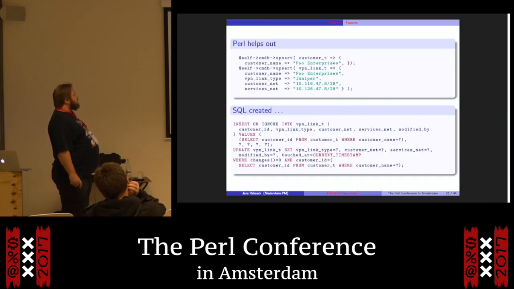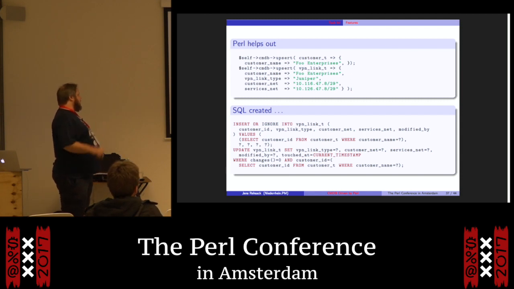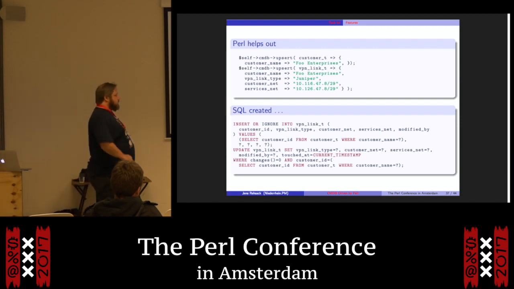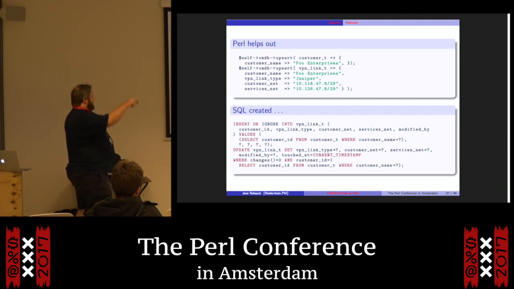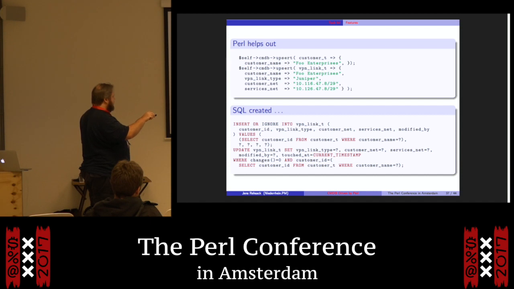And then we developed our own upsert feature. This is how it looks. This is sample generated code without customer data. Yeah, they are secret. And inserting that will create an insert ignore statement with a customer ID, selecting it from the customer table.